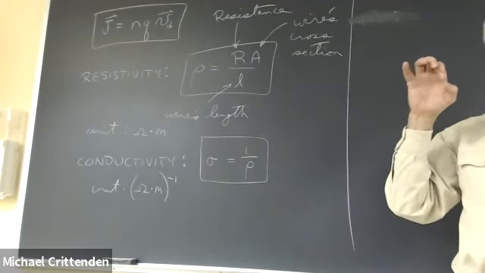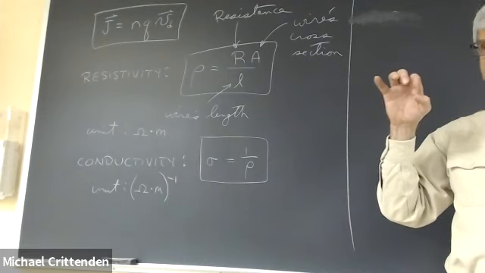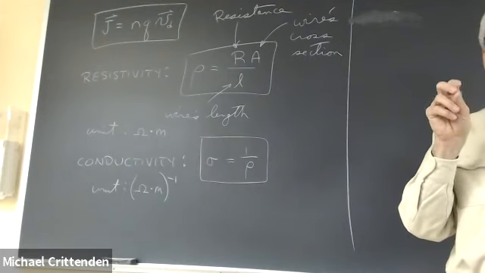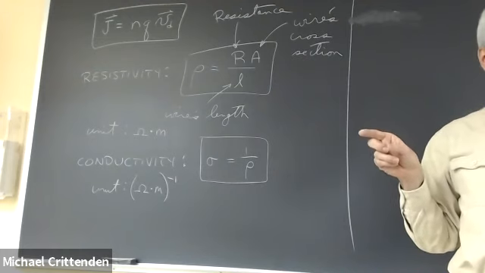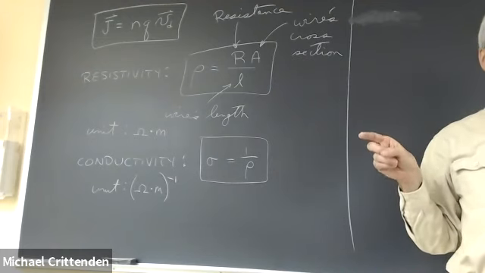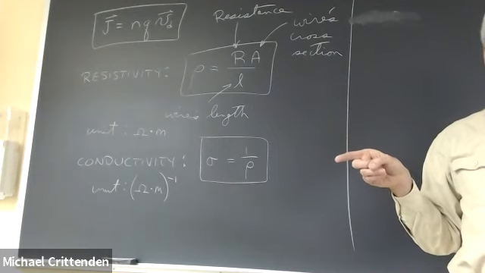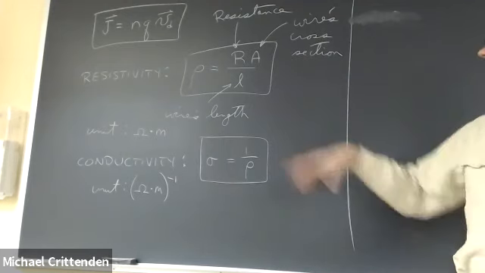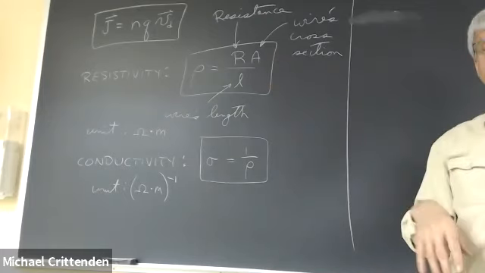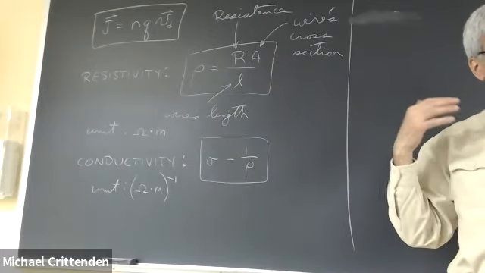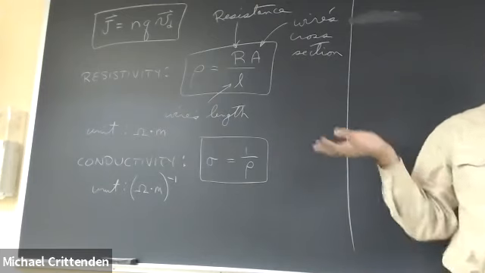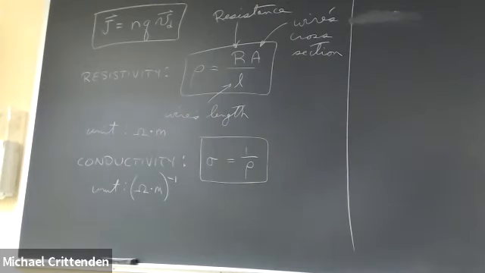So if you had an iron bar and compared it to some hair-like silver filament, the resistance of the piece of silver would be significantly higher than that big fat iron bar because of the different cross-sectional area. But the resistivity of iron is more because it's iron. It's simply a property of the material.